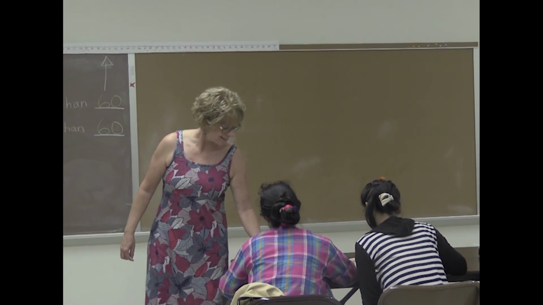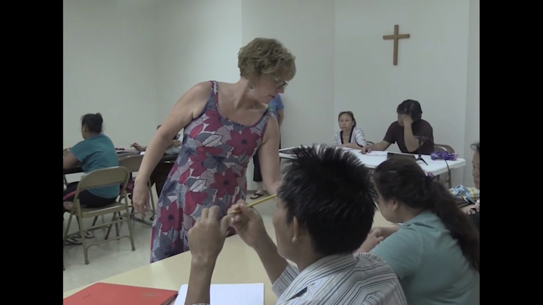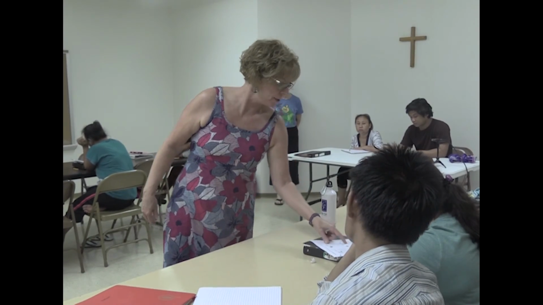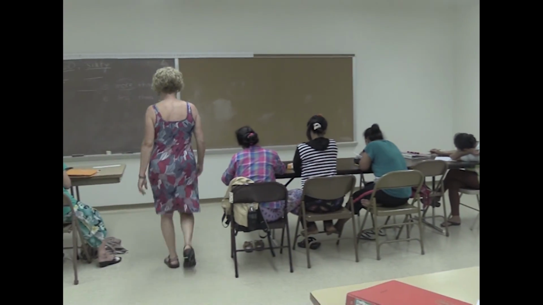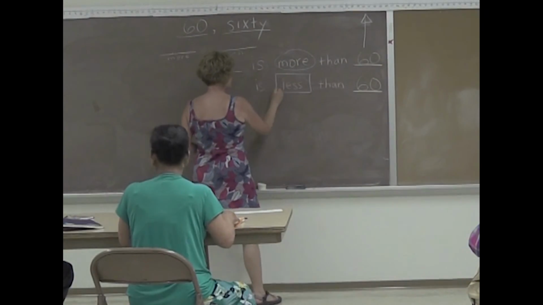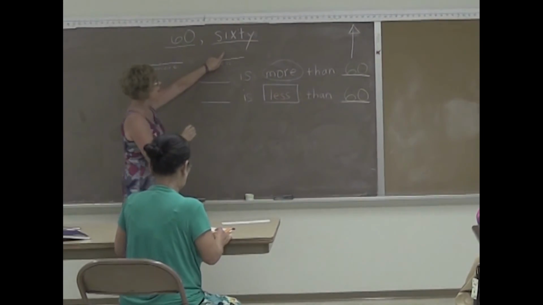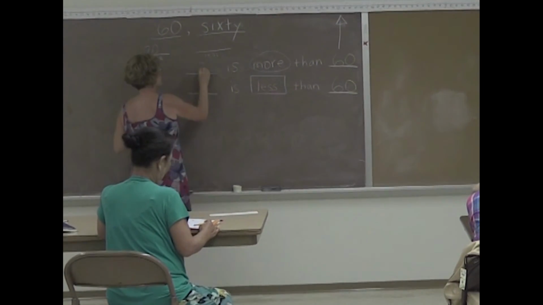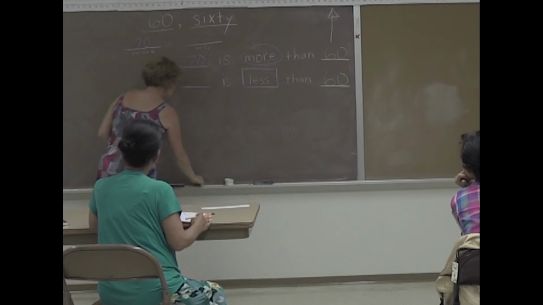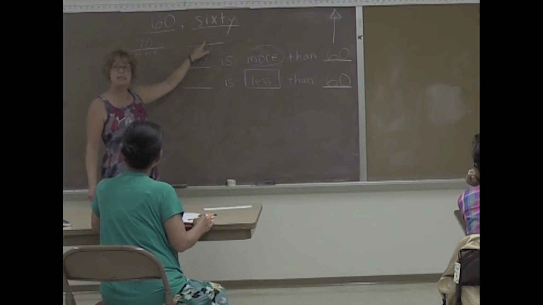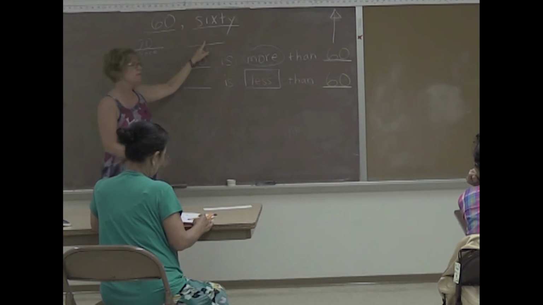Go to the next number that you have that is less, and that number you will put in the next sentence. So now we've got less than. The number you have up here that is less, let's say we had number 70 is more. What number do you have that is less than 60? 55.